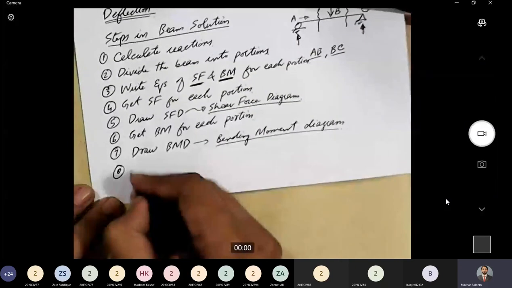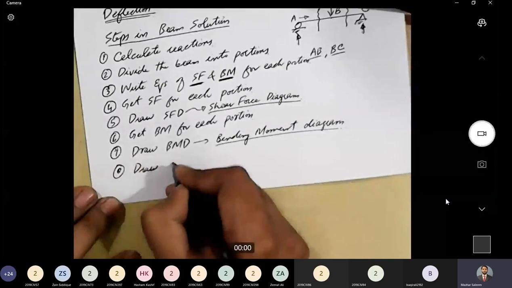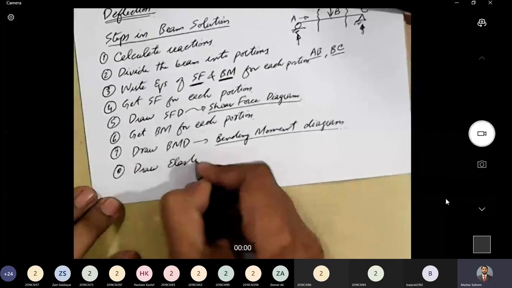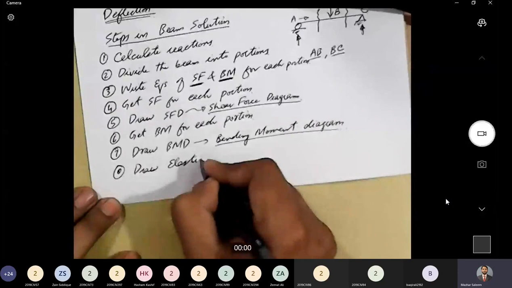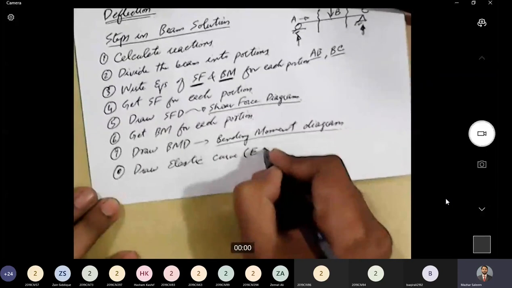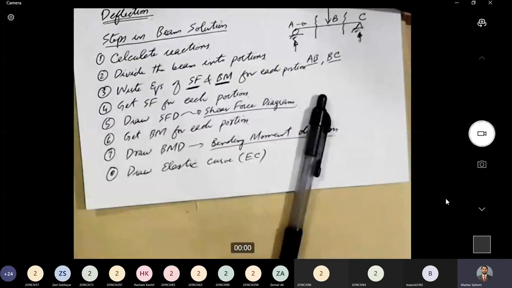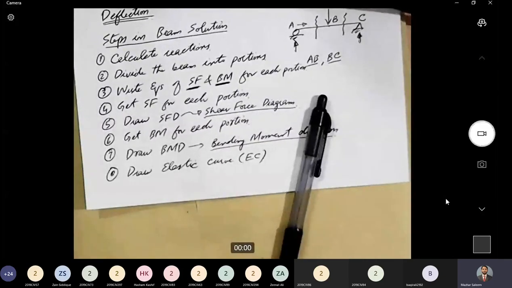Last step is draw elastic curve. Elastic curve is abbreviated as EC. So the last point in beam solution will be draw elastic curve.